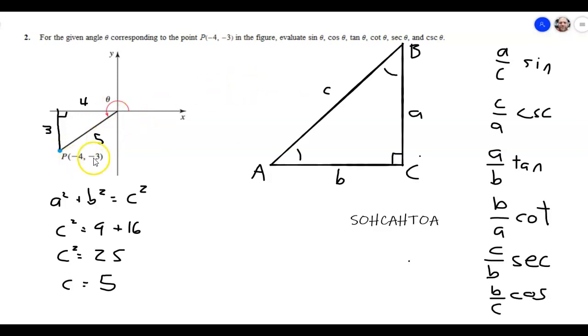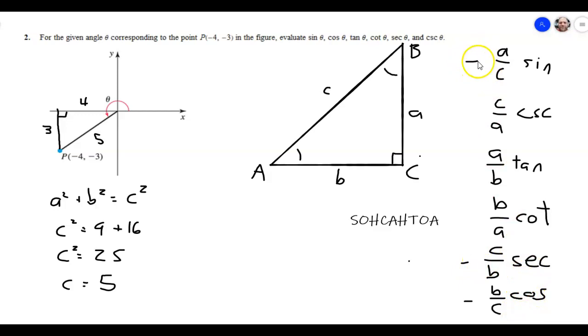All right, so we have this triangle here. We're going to use this angle as the reference angle, and then we're going to use the fact that we're in the third quadrant in order to answer all of our trig functions. What does that mean? It means in this third quadrant, my x is negative and my y is negative, which means that my cosine is negative, my secant is negative because it relates to cosine.